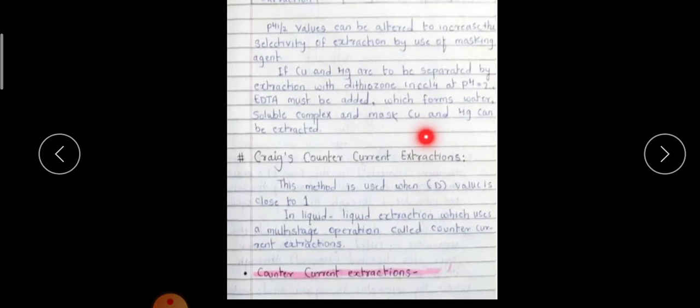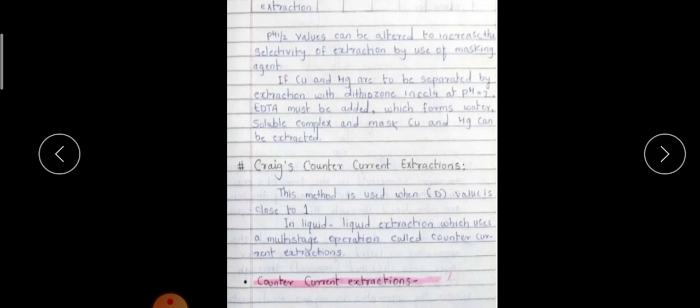Now, the liquid extraction which uses a multi-stage operation is called counter current extraction, and we will see it in detail. This particular assembly is used in counter current extraction. You can see A is the opening, B part is there, then the C part carries to the D, then the E, like this.